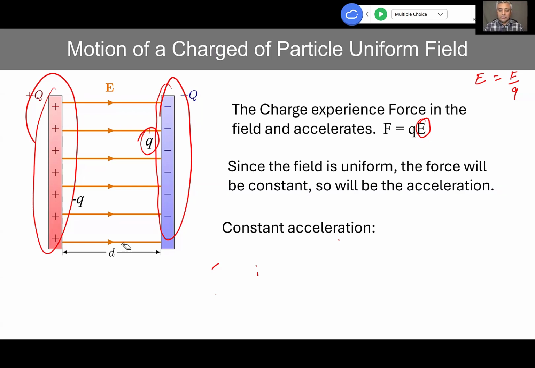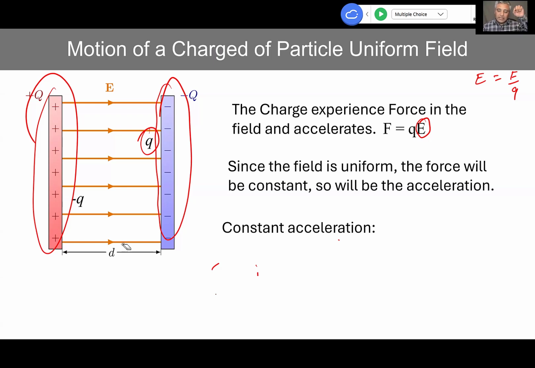So per second, if it is going from 2 to 4, the change is 2. Now in the next second, if it goes from 4 to 6, the difference is still 2. That kind of change is constant, so we say the acceleration is constant.